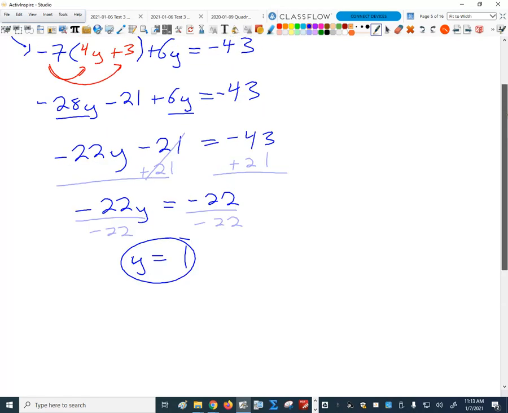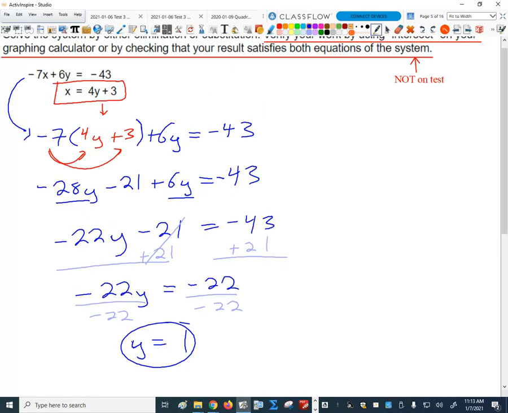James, what am I going to do now, where do I go from there with substitution method? You put the 1 in for the y values. Good, and I know where to go because I put a box around my substitution equation. So I go right back to that and I plug that in.